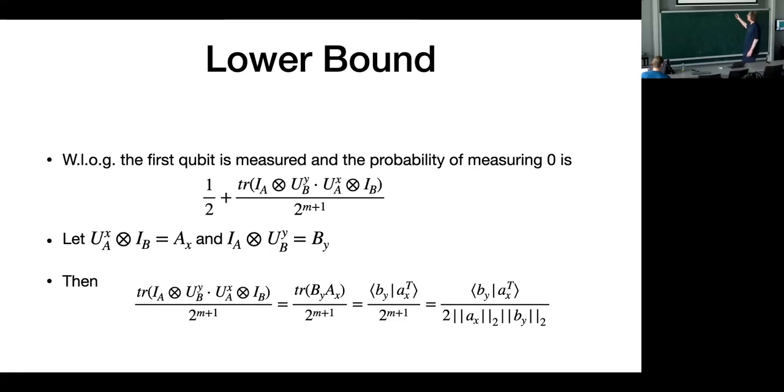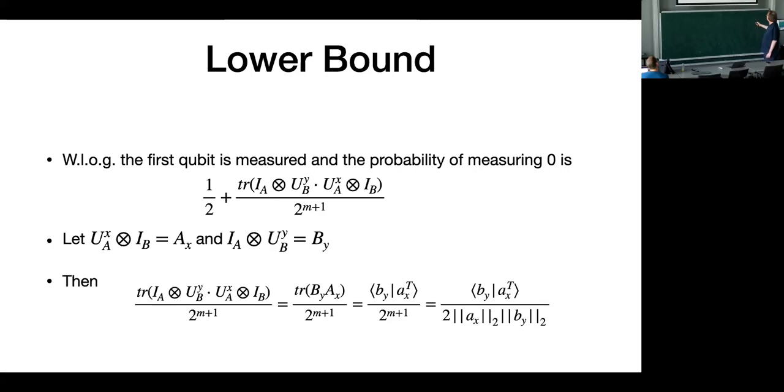But this trace of a product of two matrices is just the inner product between the matrices viewed as vectors. Right? So if you view by as a vector and ax as a vector, then this is the inner product, with no need for the transpose here actually, because we use this notation. And then what is the length of these vectors in the 2 norm? It's 2 to the m over 2.